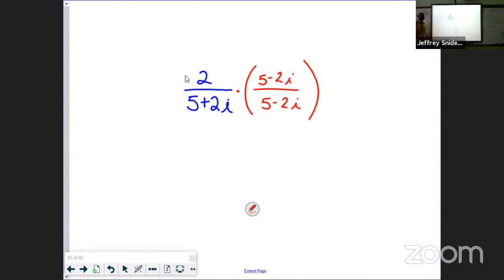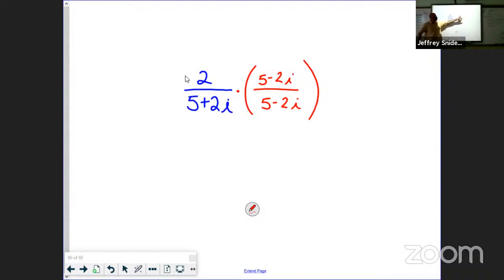And the reason we did that was we were trying to get this. It's a nasty thing to have a complex number denominator. By doing this, we get an integer in the denominator instead. Because the middle term, remember what happens when you multiply conjugates? The middle terms always drop out. So this would give me 25 minus 4i squared, but i squared was -1, so I get 25 plus 4, so I get 29 down here, okay?